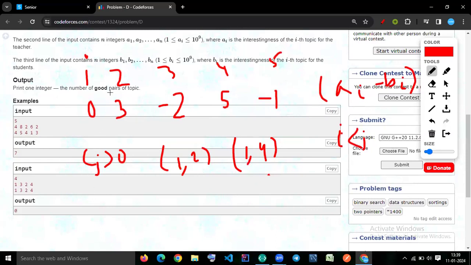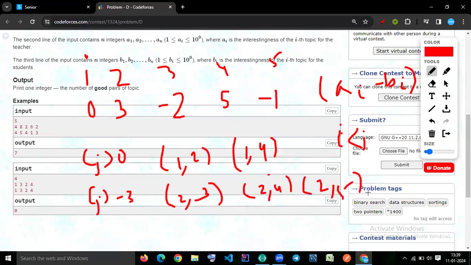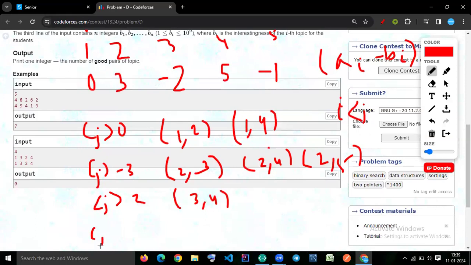For the second index, Cj greater than minus 3, all pairs 2, 3, 2, 4, and 2, 5 will work. Here we have Cj greater than 2, and only 3, 4 will satisfy. In the other case Cj is greater than minus 5, so 4, 5 is a valid pair. So these are the valid pairs.